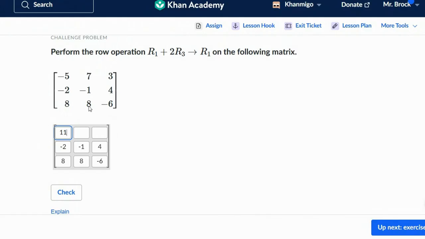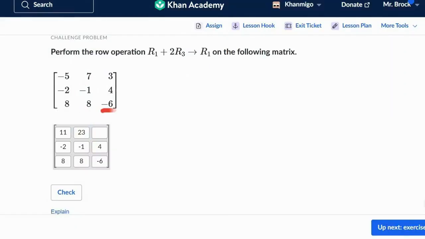We've got 8 again on row 3. So we have to double that to be 16, and we add it to the first row. So 16 plus 7. Oh, you guys did put the wrong number there. I think it's a 23. You guys are saying 22. I see a lot of 22s there. 16 plus 7.